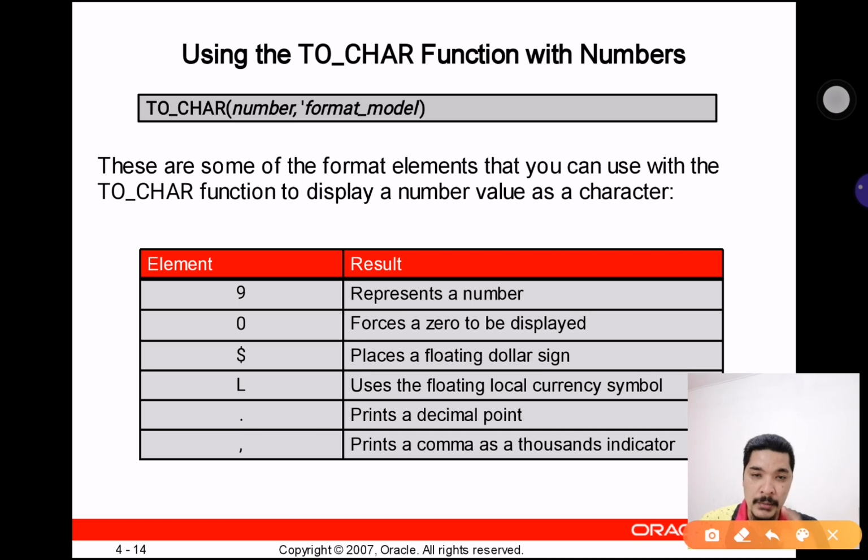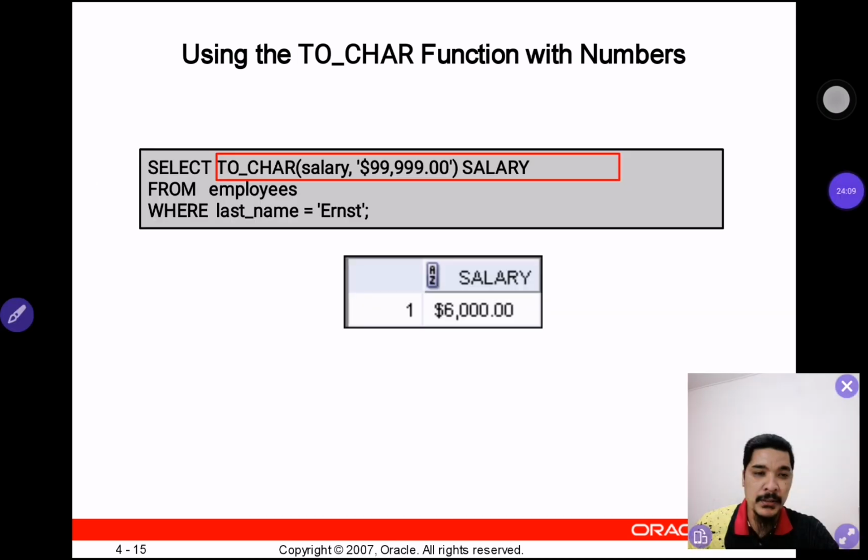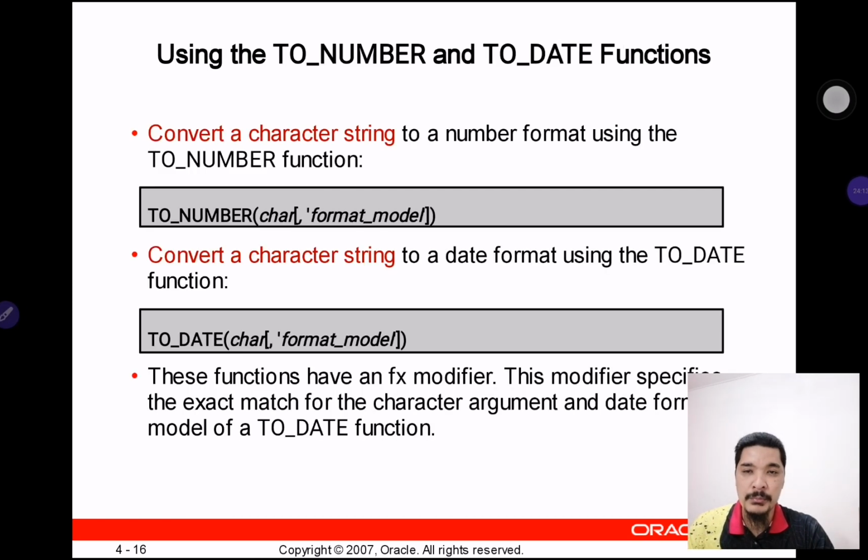So be careful when to put 9 and when to put 0. When you put a 0, it forces a 0 to be displayed. So be clear on that part. We have salary here, and the rest is going to be the same. Okay, move to the next one.